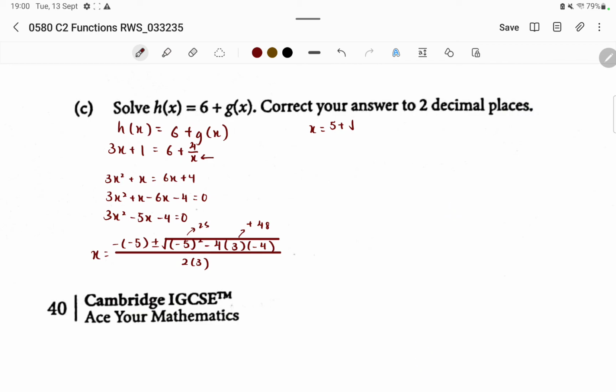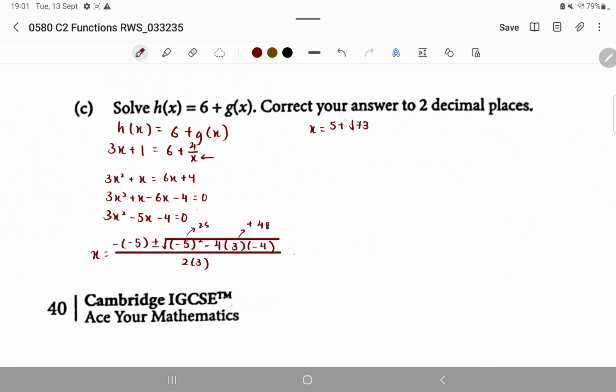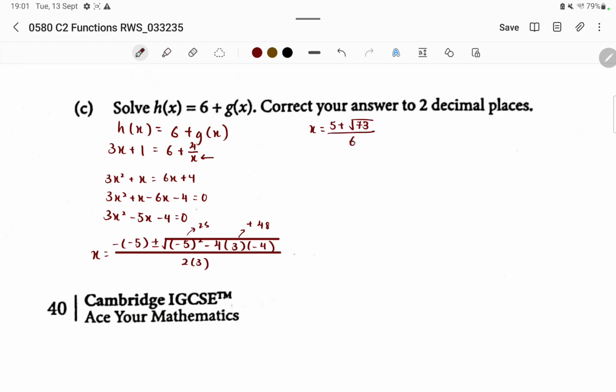So you should get 73 over 2 times 3, you get 6, or x equals to 5 minus square root of 73 over 6. Press calculator, so you should get 2.26, and then x equals to negative 0.59 as your answer. So these two are your final answer.